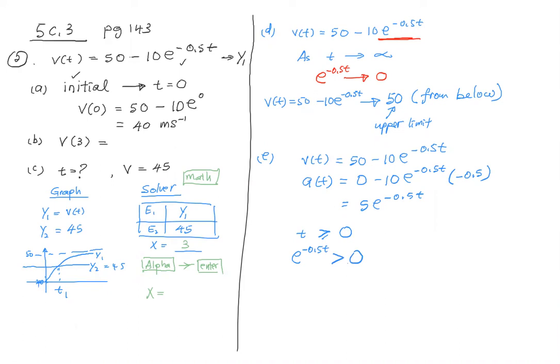So therefore acceleration, which is 5 times a positive number, will always be positive. So this is shown. Are you clear? Are you okay?